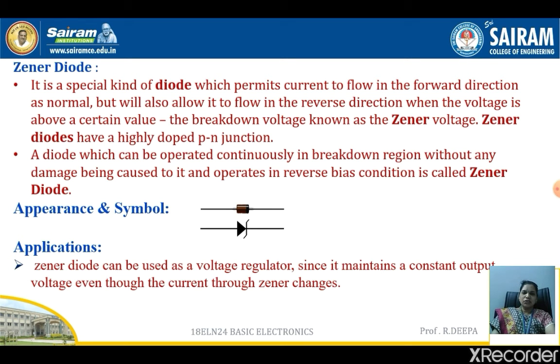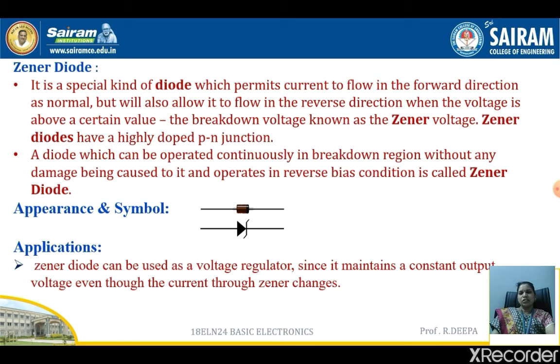The symbol is similar to the PN junction diode, where the P type is represented by a triangle and the N type is represented by a vertical line with the ends slightly bent, representing the reverse Z letter, which stands for Zener diode.